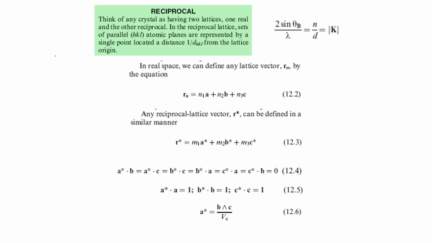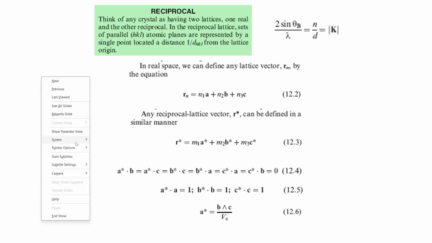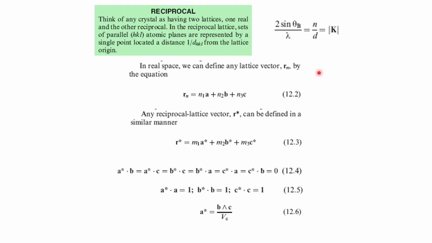In real space you have a lattice vector r, given by n1a plus n2b plus n3c, whereas in reciprocal lattice you will have this vector r star, given as m1a star plus m2b star plus m3c star.